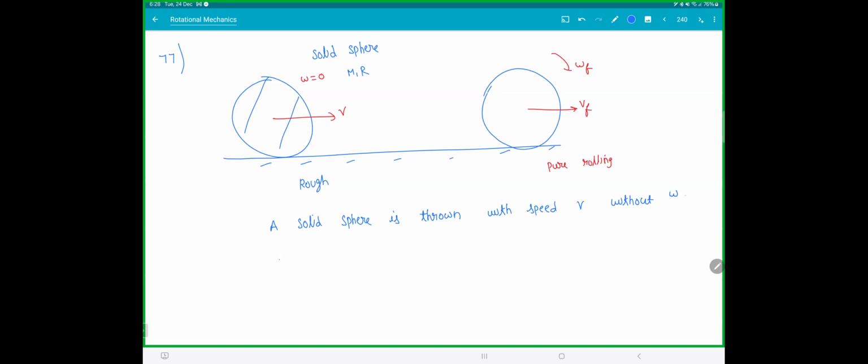So it skids and then starts rolling after some time. Let's say friction is mu. Find v final and the time when slipping stops.